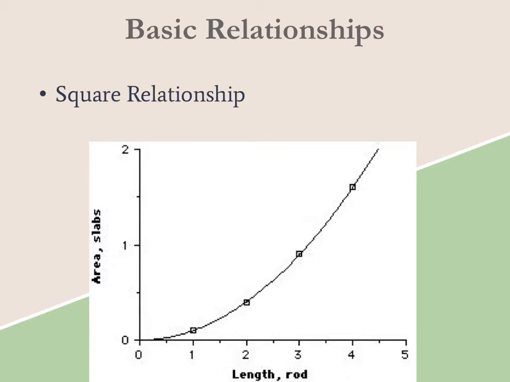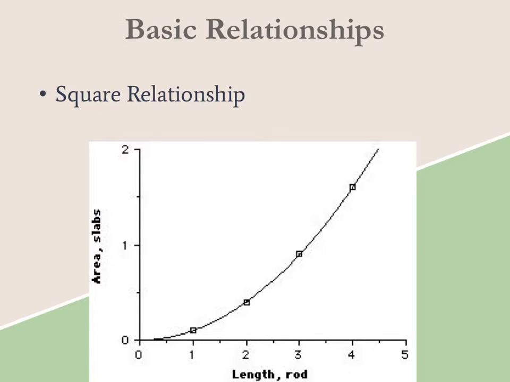So then our next relationship is a square relationship. And when graphed, it should look like this. We have an increasing slope as we start from the lowest point and work our way up. And so it gets steeper and steeper and steeper.